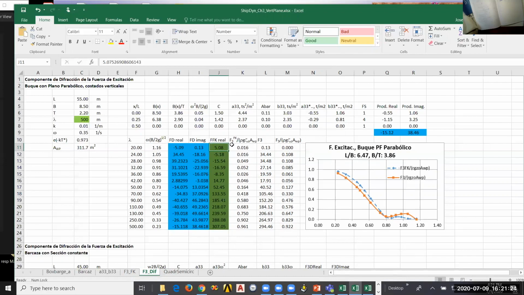Some people can do this by combining directly the real and imaginary parts and defining a complex number. You can do that too, but I prefer not to because sometimes this is messy. I don't know why, but Excel doesn't limit the number of decimals when you work with a complex number.